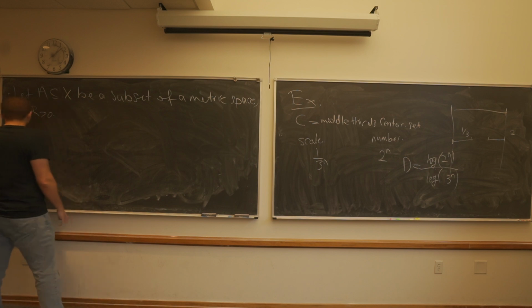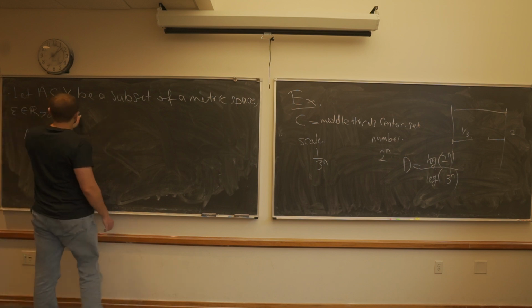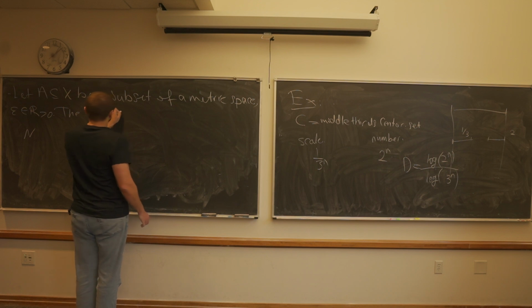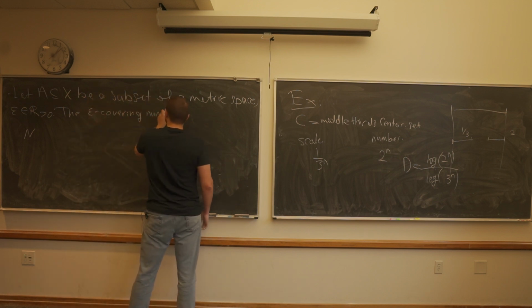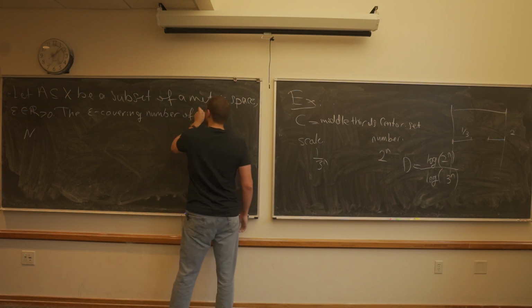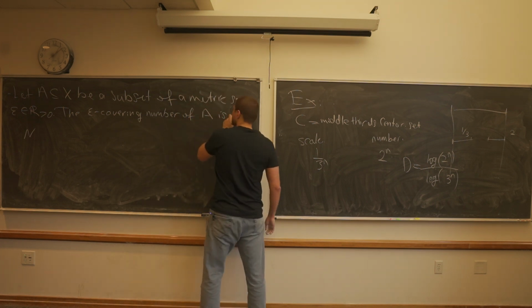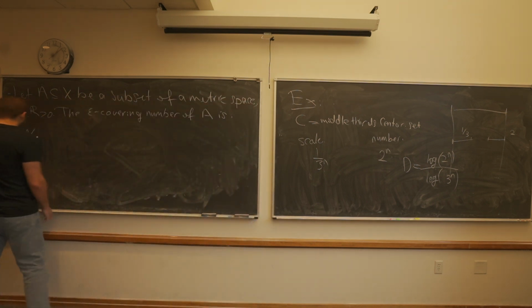Let's define this number, the epsilon-covering number. I'm going to denote this like this, N sub epsilon of A.